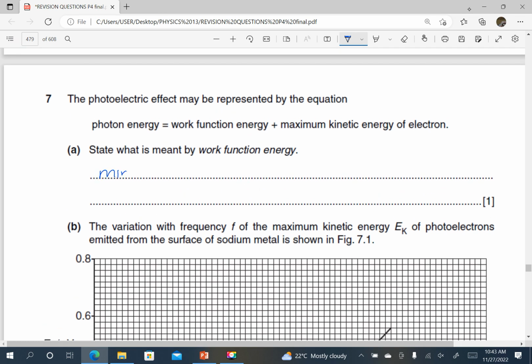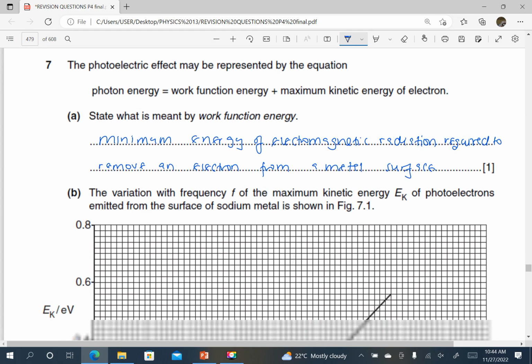The minimum energy of electromagnetic radiation required to remove an electron from a metal surface. That is work function.